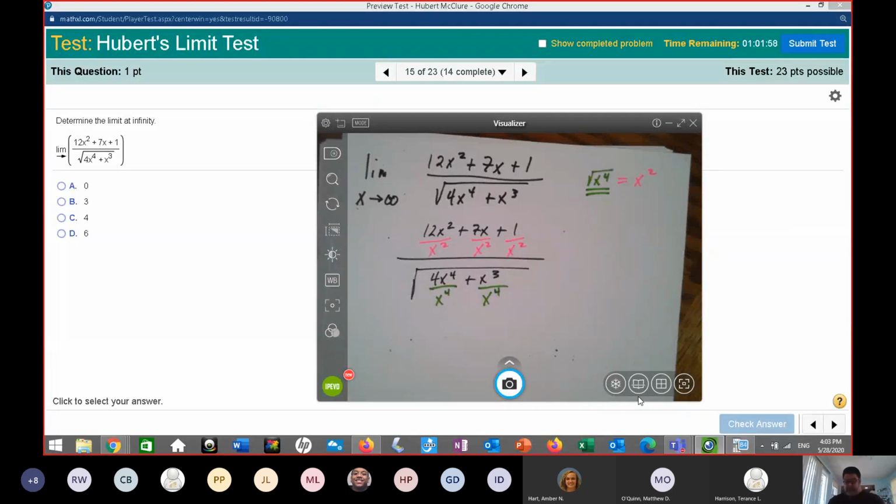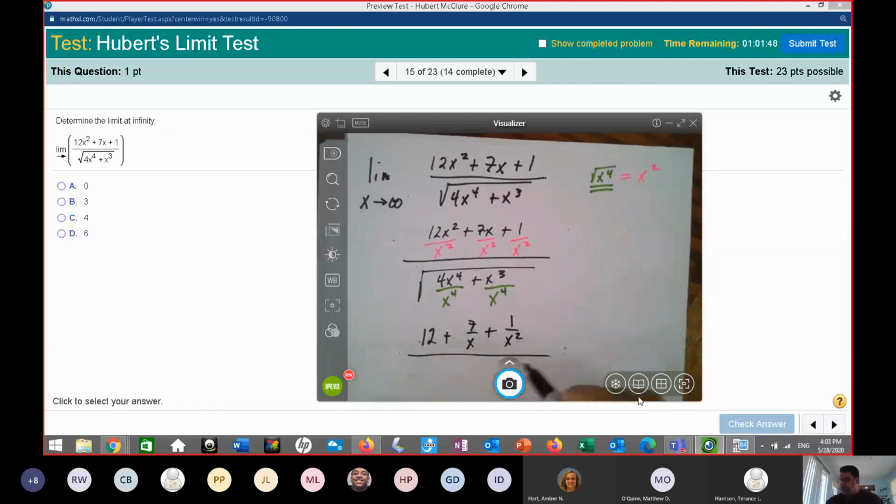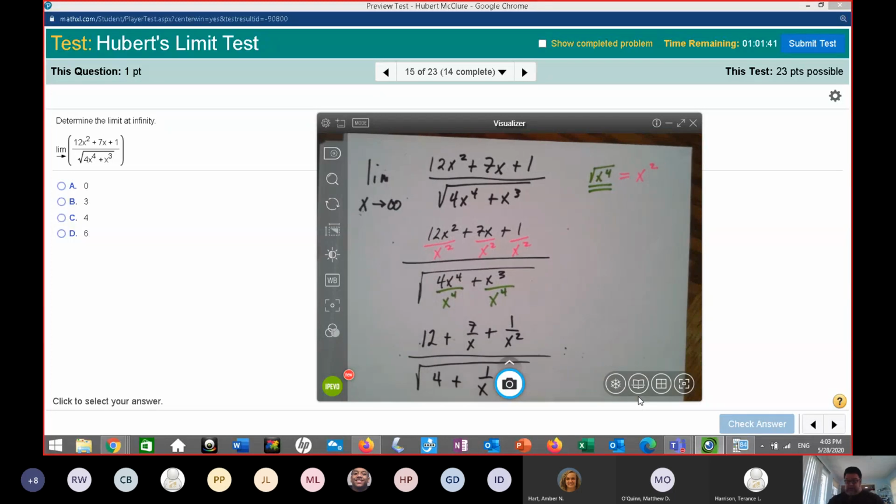And that's going to give me 12 plus 7 over x plus 1 over x squared over the square root of 4 plus x, or 1 over x. And as I apply the limit theory, limit as x approaches infinity, what does that do to these 3 terms? Zeros them out.